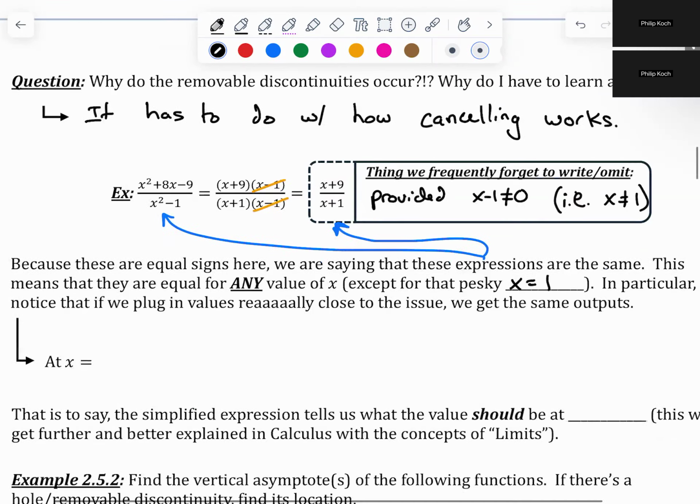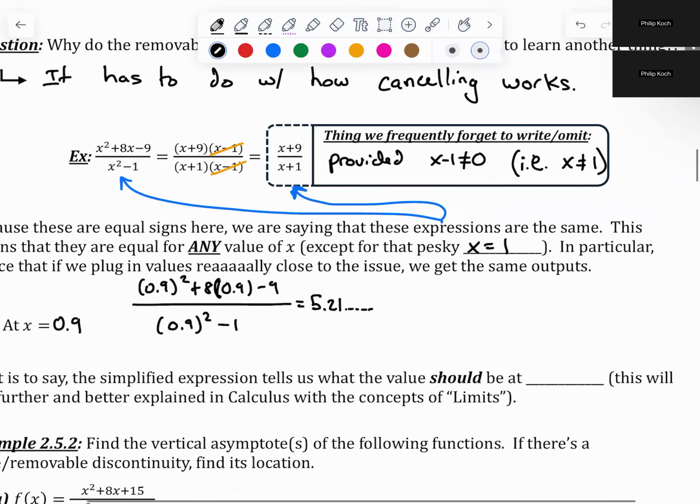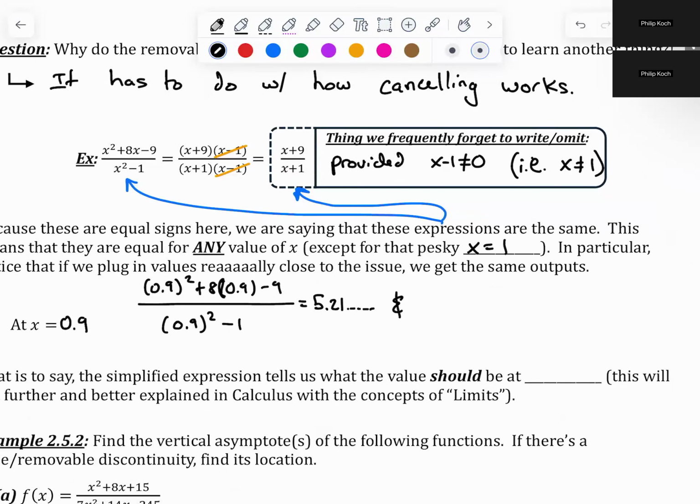So for example, at x equals 0.9, we'll get 0.9 squared plus 8 times 0.9 minus 9 divided by 0.9 squared minus 1, and that equals 5.21, dot, dot, dot, on and on forever. And if I plug it into the simplified version, I'll get 0.9 plus 9 divided by 0.9 plus 1.